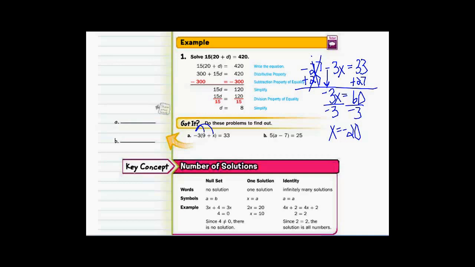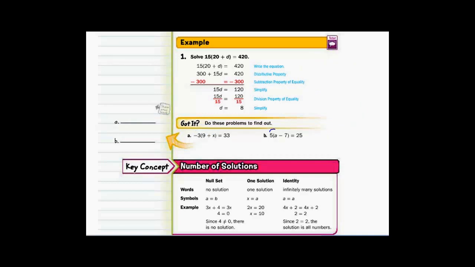And now let's do B. If I'm going to distribute 5 times A, that would be 5A. 5 times 8, negative 7, will be a negative 35, equals 25. So my letters are already by itself, so I'm going to take this plain number to the other side, so I have to put a plus 35 underneath it.